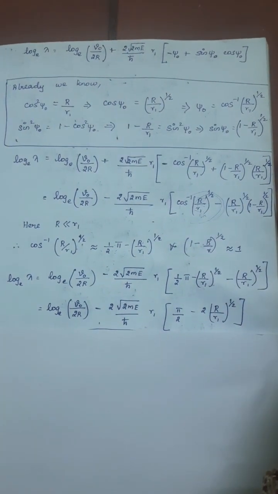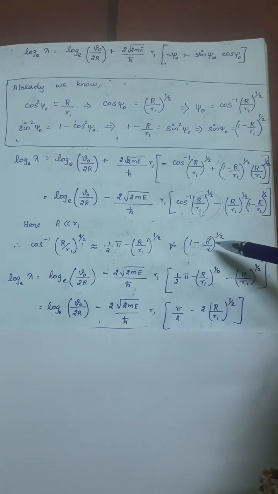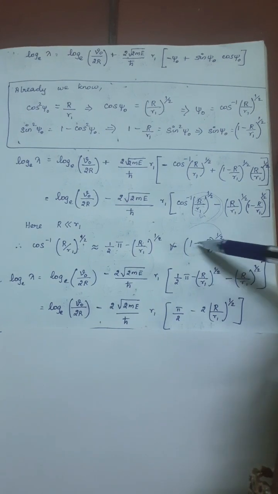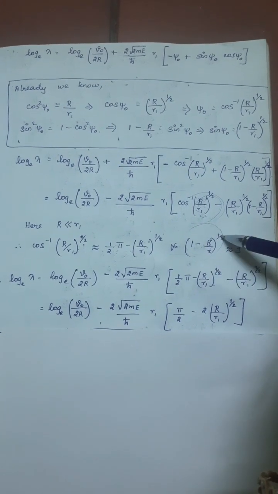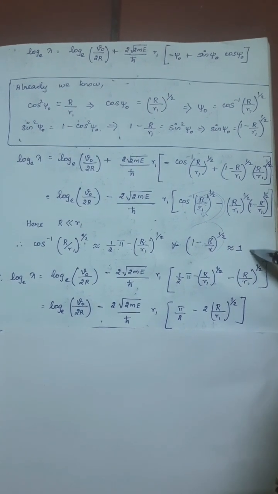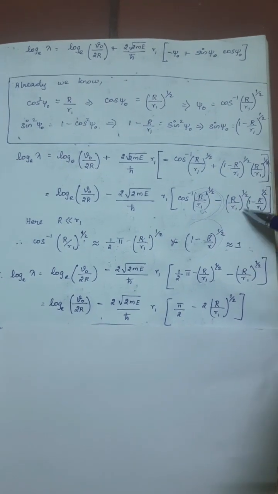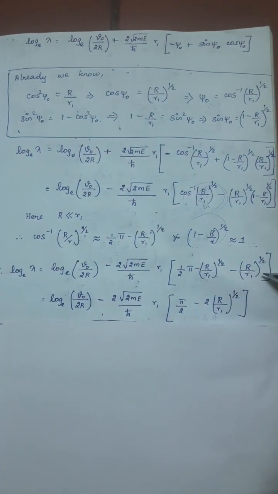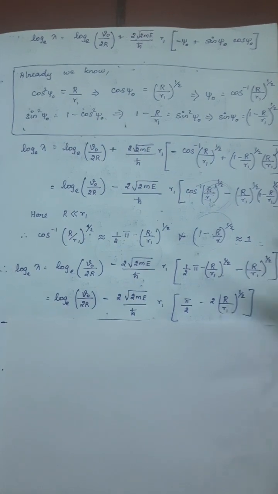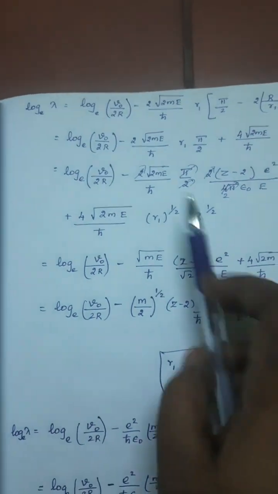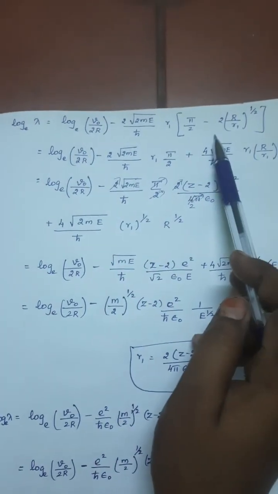At the same time, 1 minus R by R1 the whole power half is simply replaced by 1. These values are substituted in the above equation, and finally we get this equation, and then it is simplified like that. So this is our calculated equation.